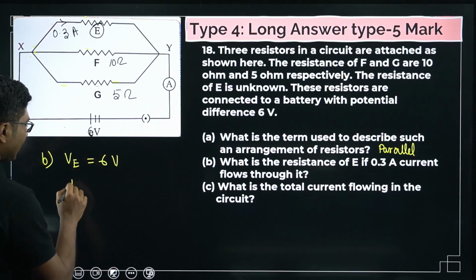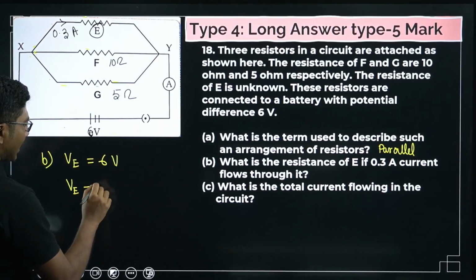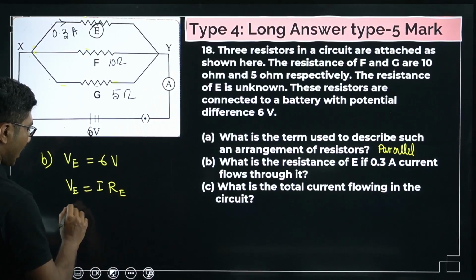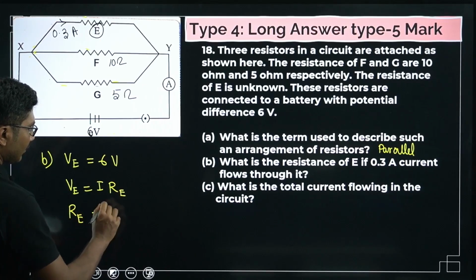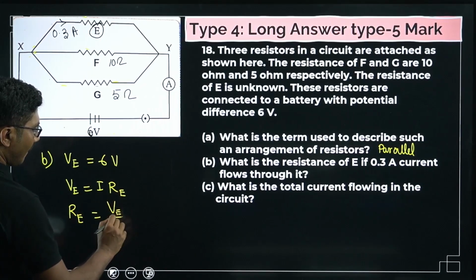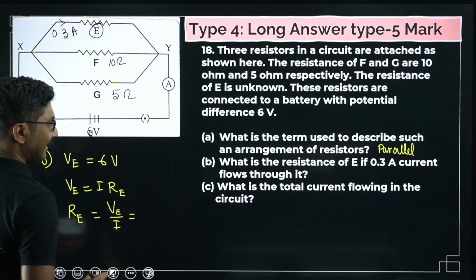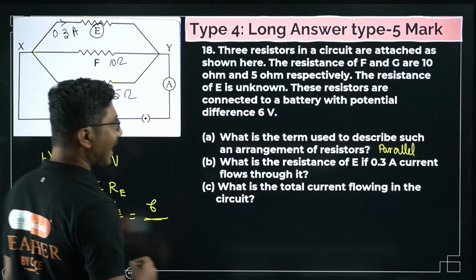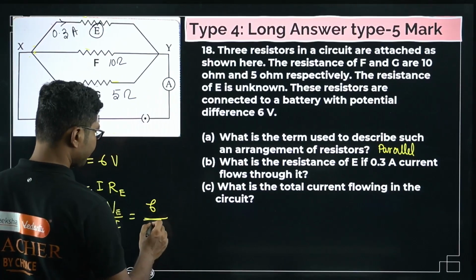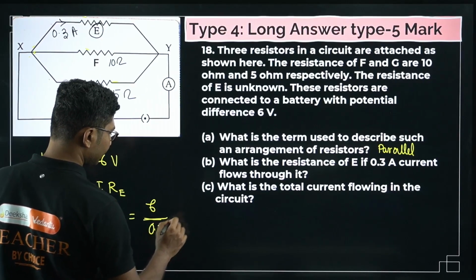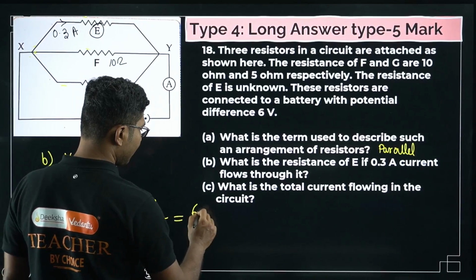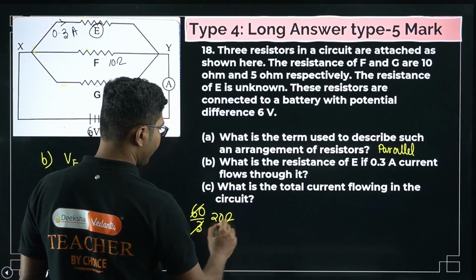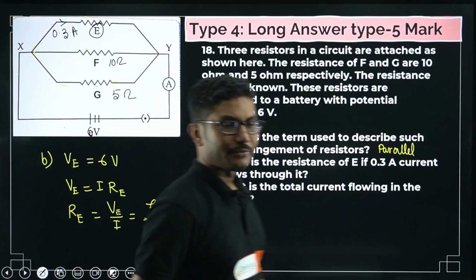So V is equal to IR, so RE is equal to VE by I. VE is 6, I is 0.3. So 60 by 3, that is 20 ohm. So E is basically 20 ohm.